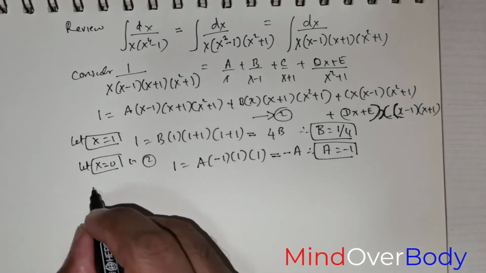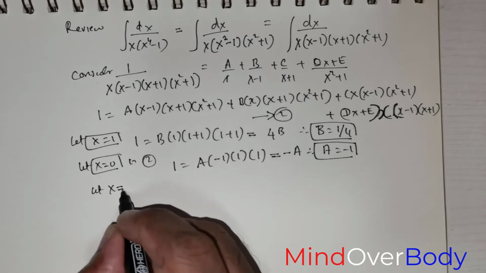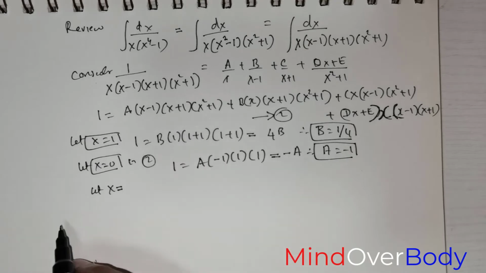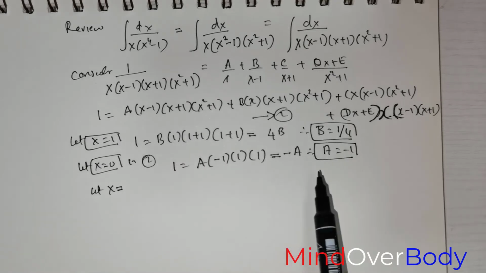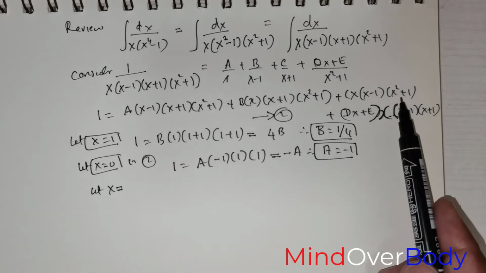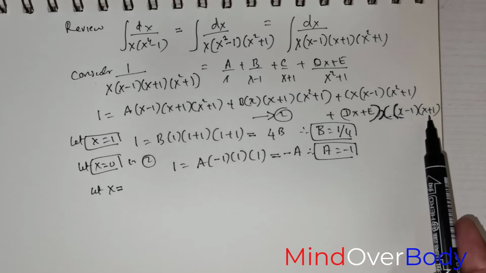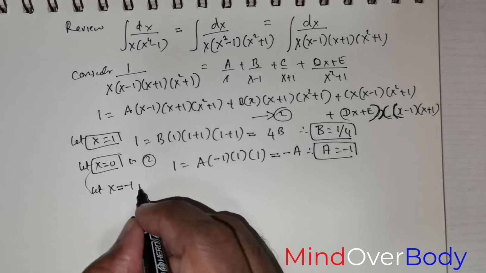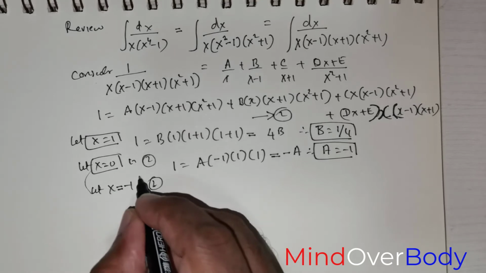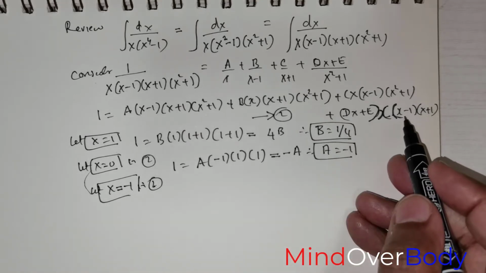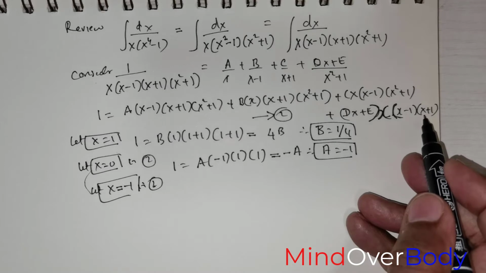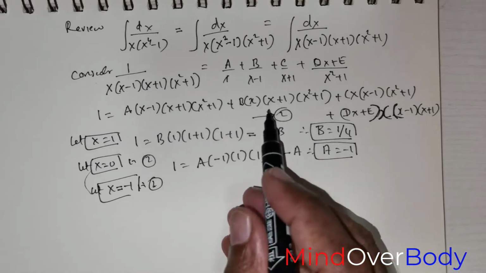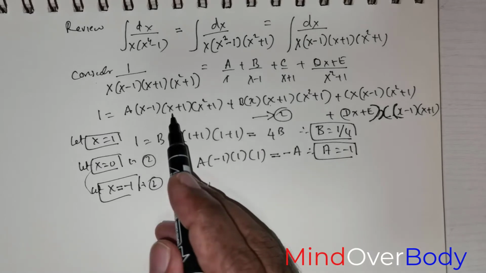Now let me take x to be equal to negative 1. What would happen? Let me take that value, x is equal to negative 1, in equation 2. This is going to become 0, and this will be 0, and this will be 0.